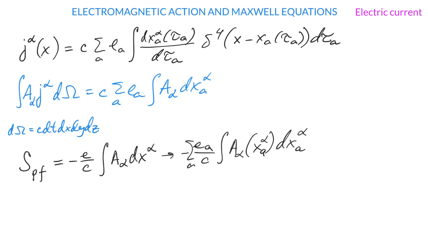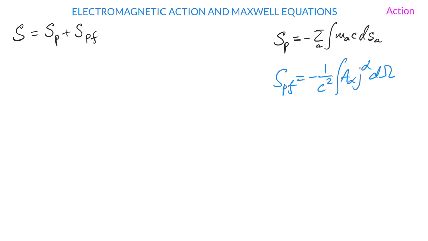And now compare it with the expression that we wrote here. It's the same expression up to a factor. So we can write this action term as minus 1 over c squared integral A sub alpha j alpha integrated over the volume. This will be very convenient for the following, because the term for the field action will also be represented in terms of an integral over the four-volume, and it will be convenient to vary it with respect to the field variables.